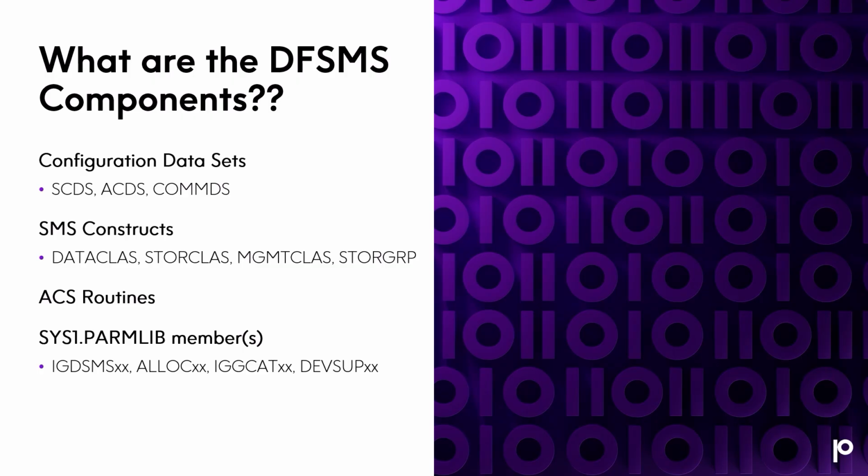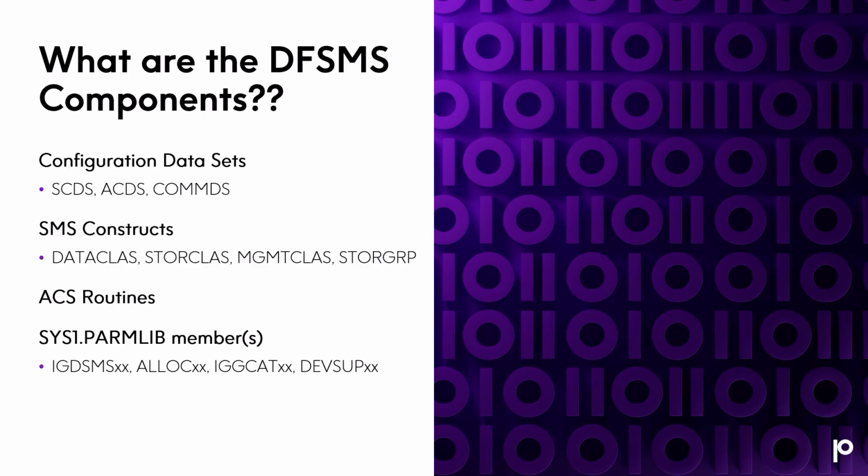The storage group applies to the volumes, but the data class, storage class, and management class describe what a data set should look like and how it should be handled. The storage group describes the volumes upon which the data set should reside. So those are the classic components of SMS that one thinks of for DFSMS.